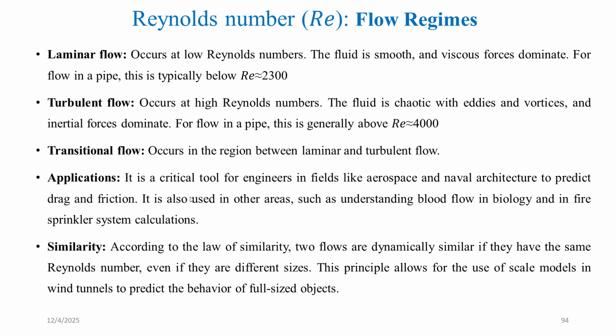This principle allows for the use of scale models in the wind tunnel, because in the wind tunnel we put a representative part rather than the whole model. We are not going to place the whole aircraft in the wind tunnel. We put a small scaled model, 1/10 or 1/100th scale of that aircraft, in the wind tunnel test section.